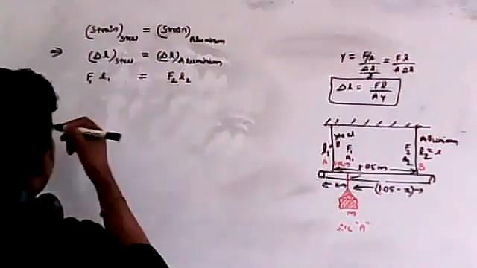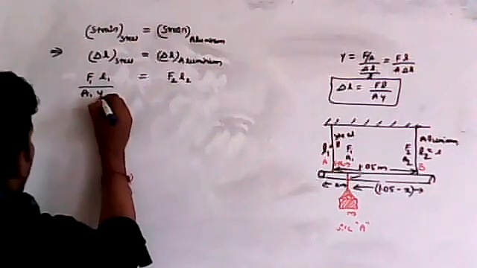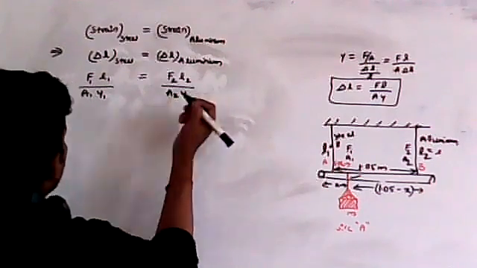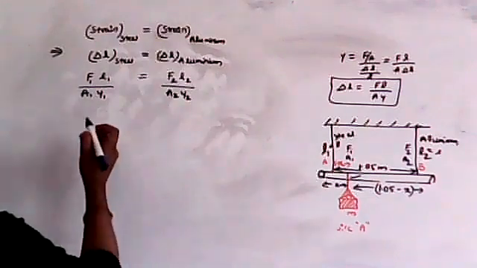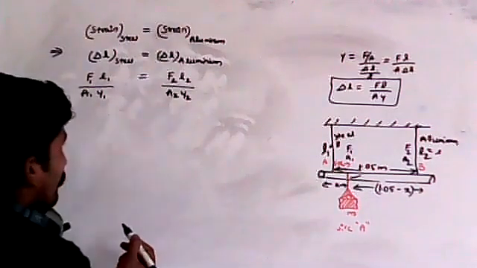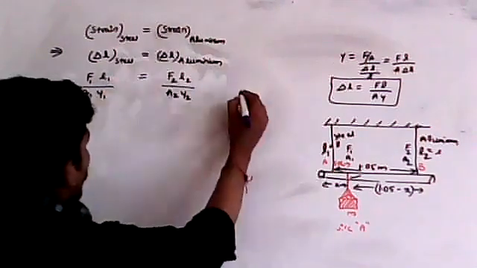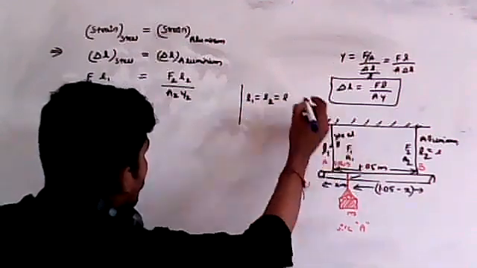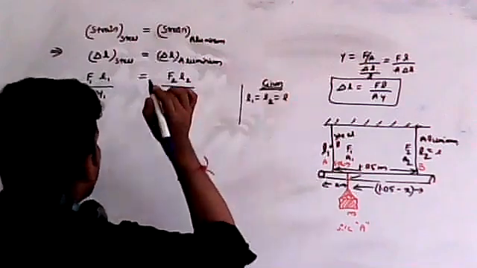Let me write one more step. I will write each and every step for your convenience, otherwise many questions will arise in your mind, right? So why has sir written L directly here? To avoid this confusion, let me write. Because L1 is equal to L2 is equal to L, they already told in the problem.